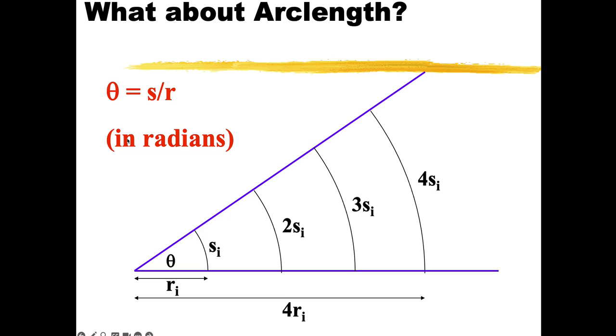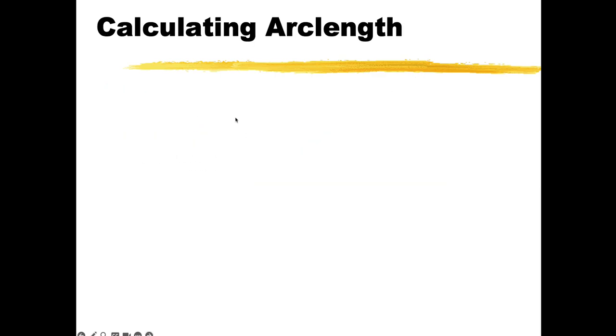You might think, why not just use degrees? Why not just have 360 degrees for the full circle, or 90 degrees for a quarter of the circle? It's because of this principle: the arc length that's traced out, if I divide that by the radius that I'm at, I get this number, and we're calling this radians because it's based on the radius. That's where all these things are coming from.